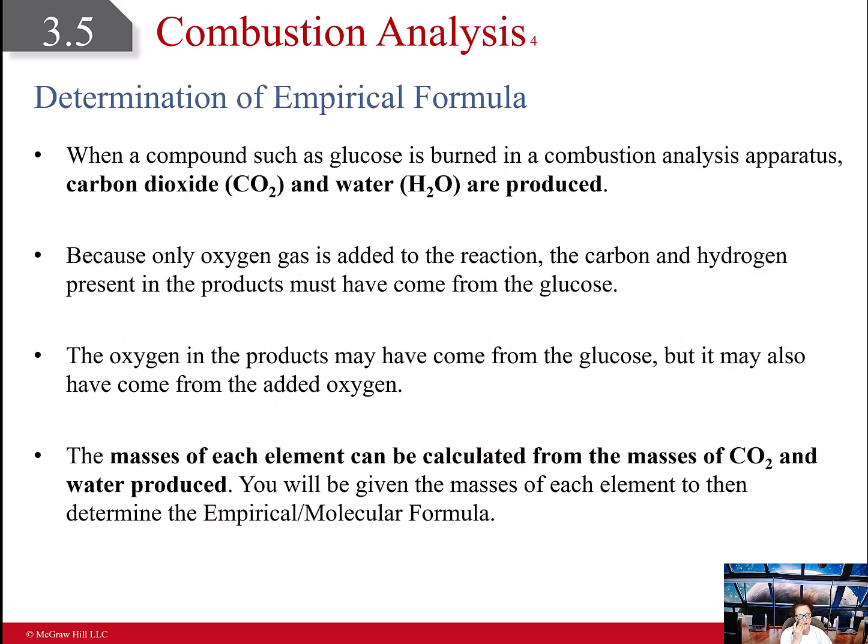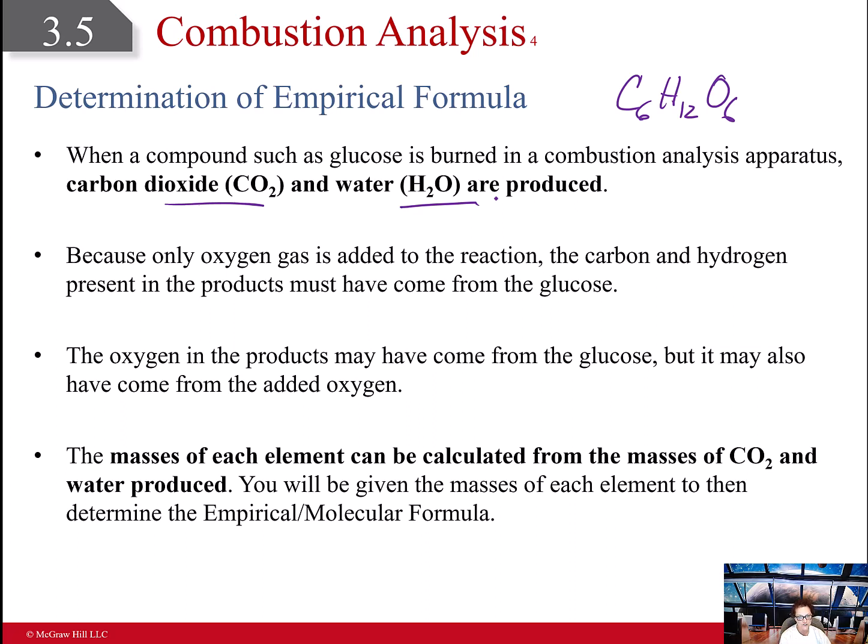So if we have something like glucose, for example, glucose is C6H12O6. So it's only got carbons and hydrogens and oxygens in it. And when we combust that, we're going to get CO2 and water. Since we're only adding oxygen to the reaction, carbon and hydrogen can only come from the glucose.